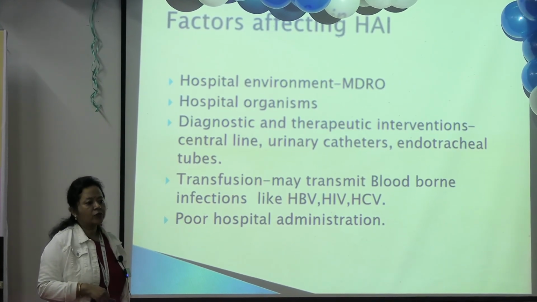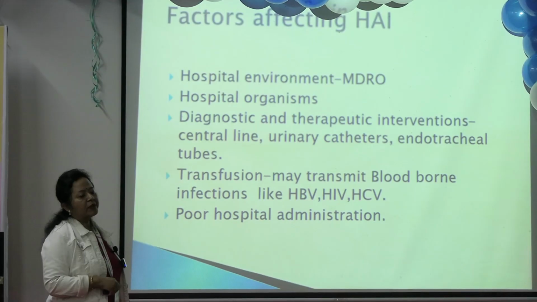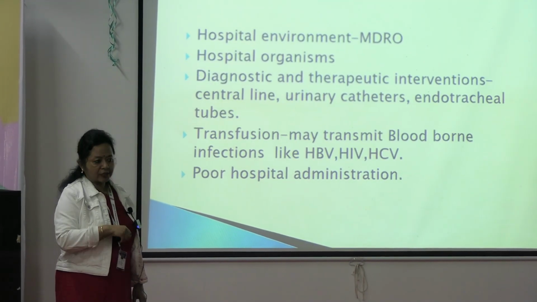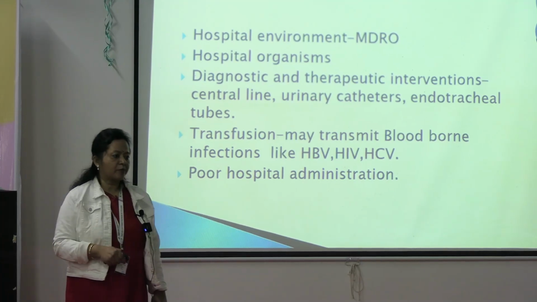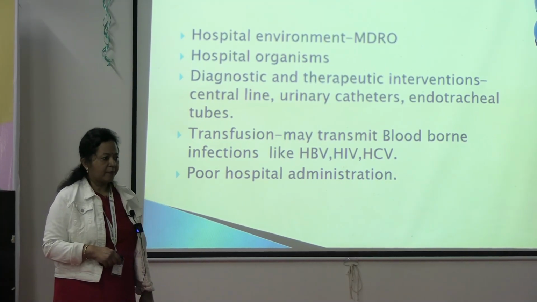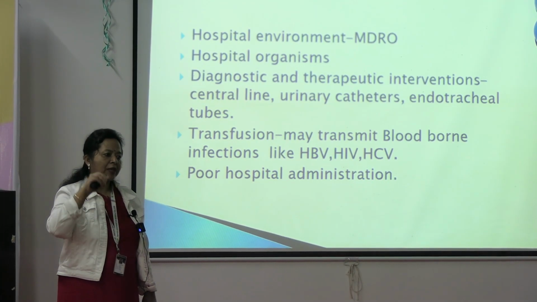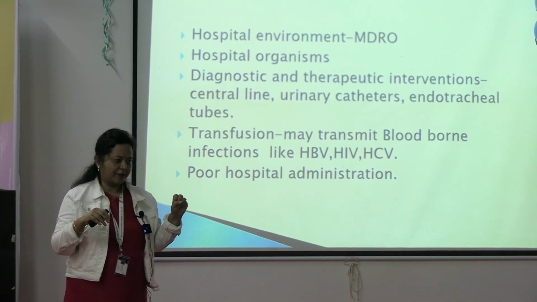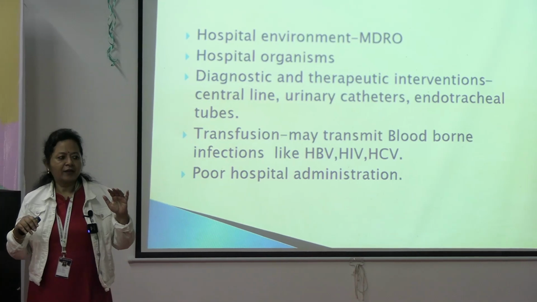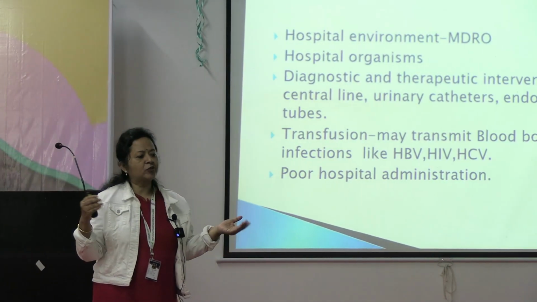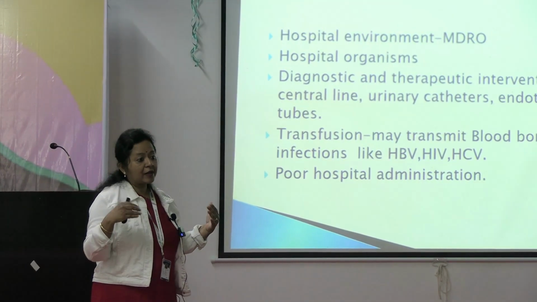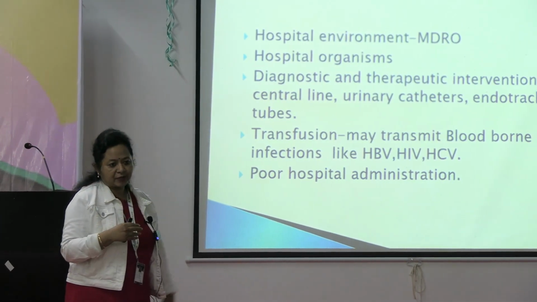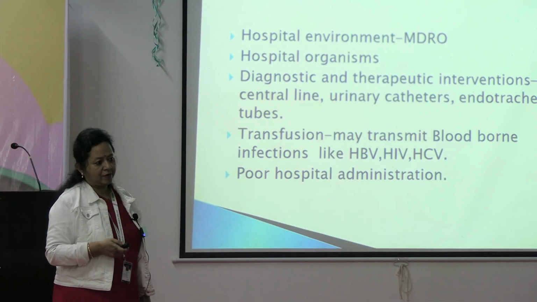Sometimes the donor may be in the incubation period and the test is not showing positive, because the antibodies are not at a level that can be picked up in the test. Do you understand? So there are always chances, though a little bit less, that we may get the infection with blood transfusion. Okay? If very unfortunate.